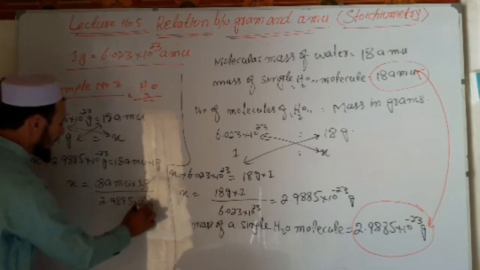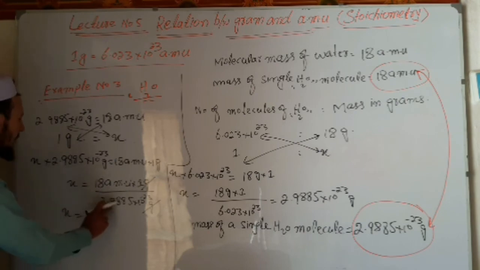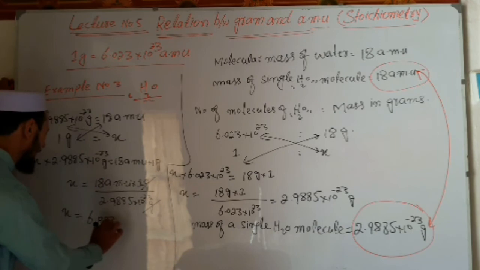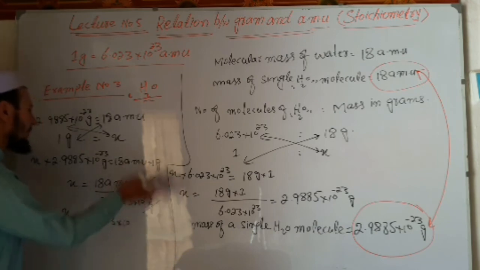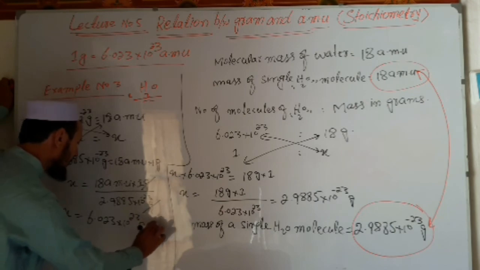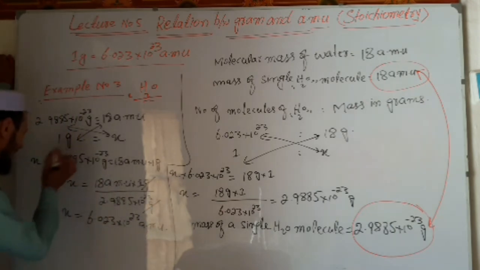So gram will be cancelled with gram, and 18 divided by 2.9885 is equal to 6.023 multiplied by 10 raised to the power of 23 a.m.u. So dear student, X, what is X?